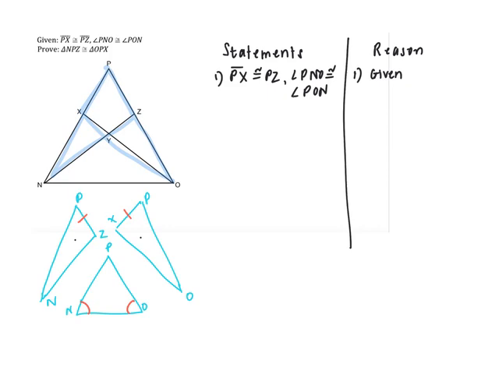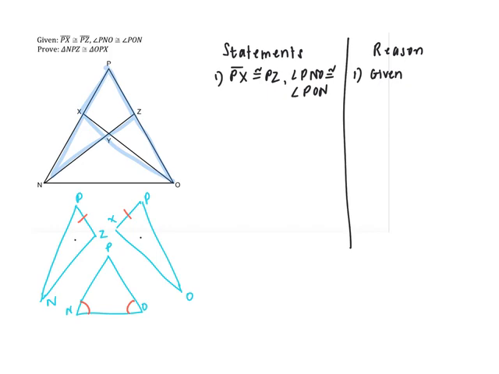So we still need to state that two other corresponding angles or sides are congruent for us to be able to prove that the two triangles are congruent. So where do we go next? Inspect the figure and try to see if there's another angle or another pair of sides that are congruent. So maybe you can pause the video and try to locate that one.